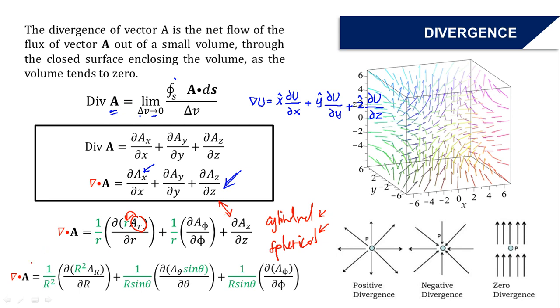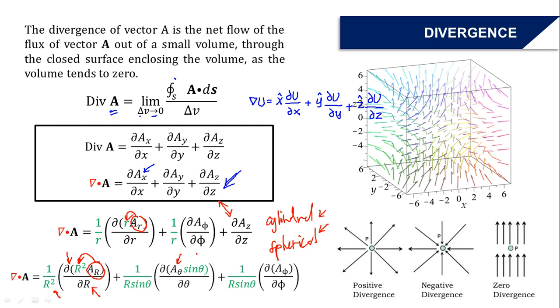Yan. Sa spherical naman, 1 over R squared, so R squared yung ating denominator, times the partial derivative of R squared A sub R. Kunin muna natin yung A sub R dun sa given and then i-multiply natin lahat ng R squared bago natin kukuha ng partial derivative with respect to R. Plus 1 over R sine theta times the partial derivative of A sub theta.